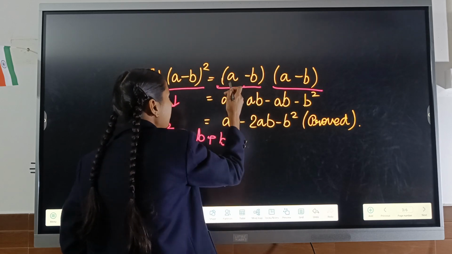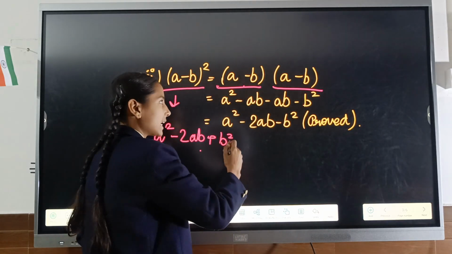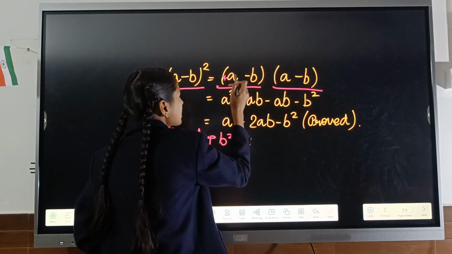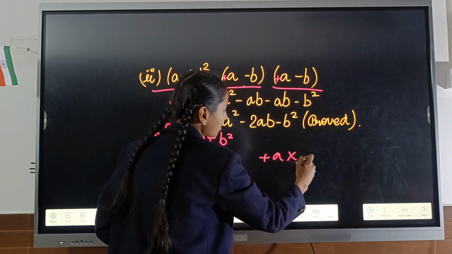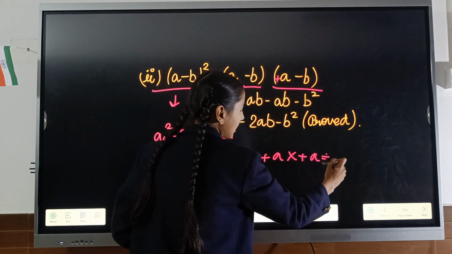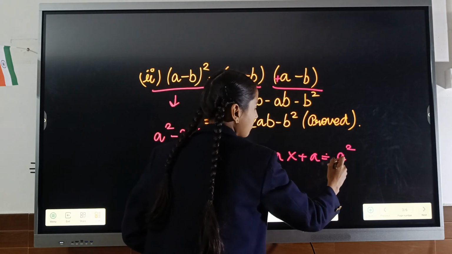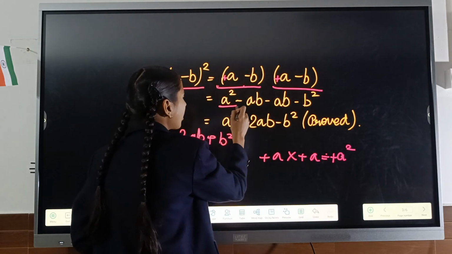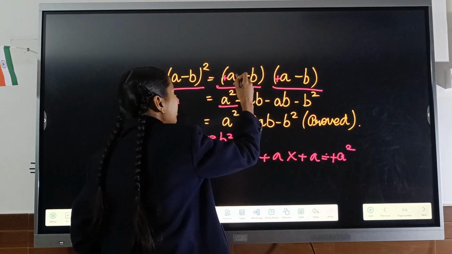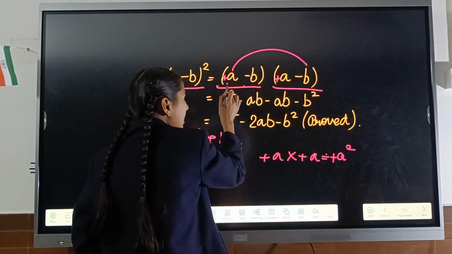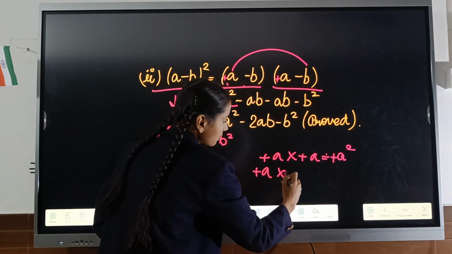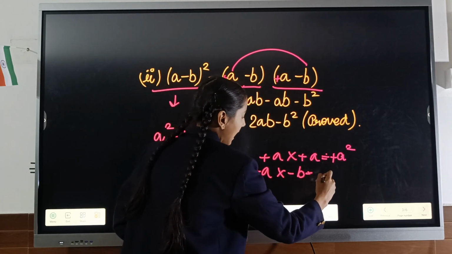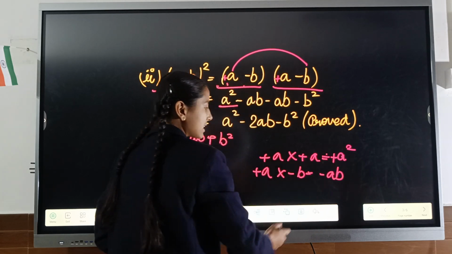When we multiply them, we will also remember the signs. So plus a into plus a gives a square, so here we have written plus a square. When we multiply plus a into minus b, we get minus ab.